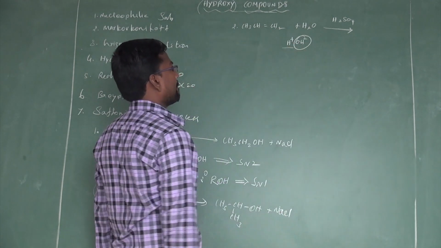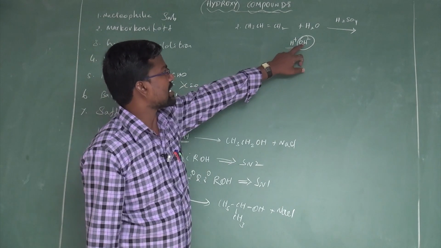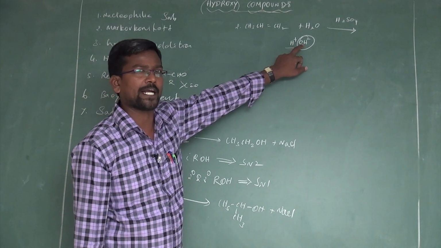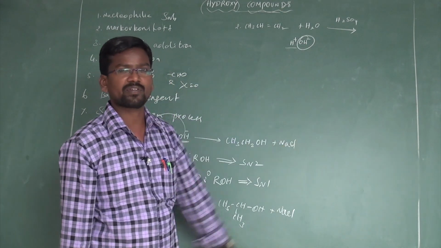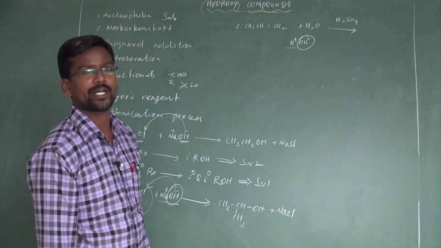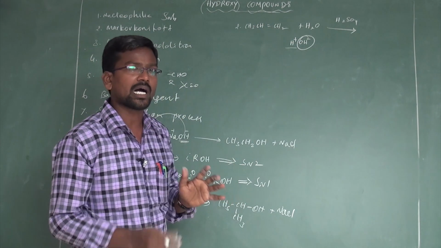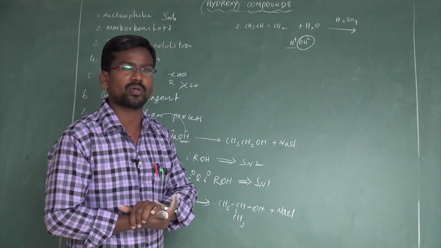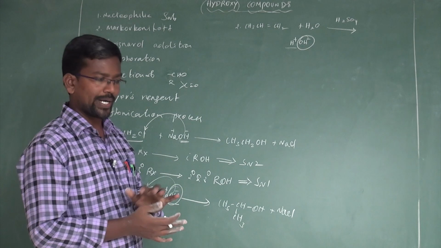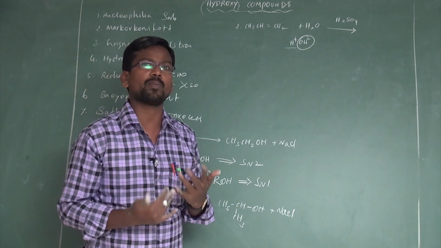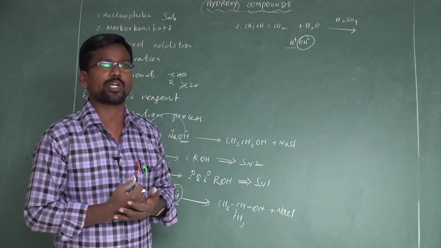H+ is a proton. OH-, otherwise called the negative part of the addendum. The negative part of the addendum attaches itself to the carbon having fewer hydrogens, known as the Markovnikov rule. So what is the Markovnikov and anti-Markovnikov rule? What is the meaning of the Markovnikov rule?